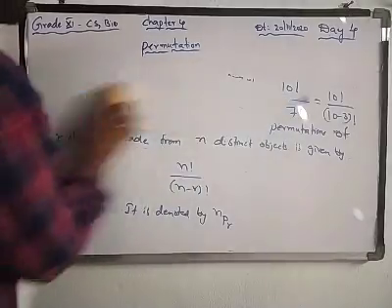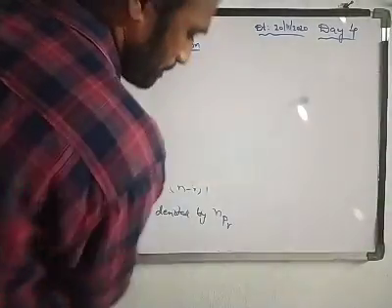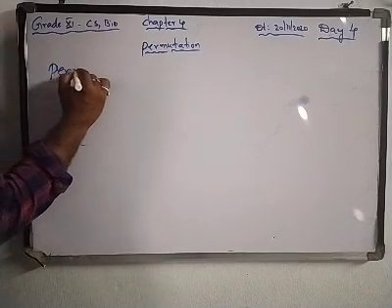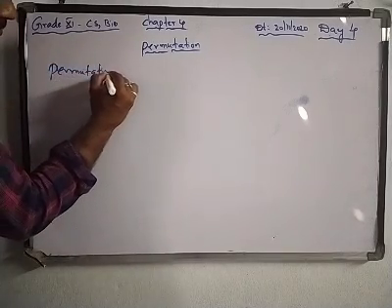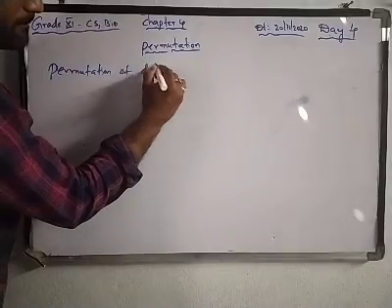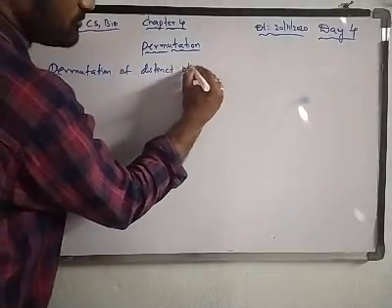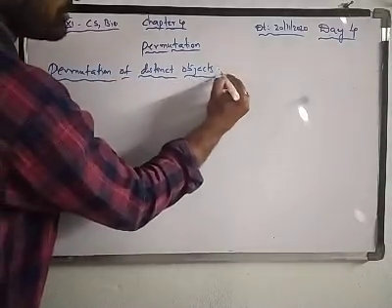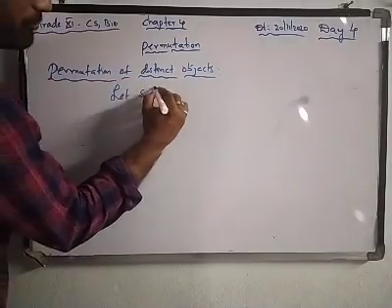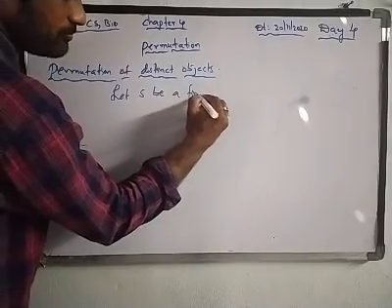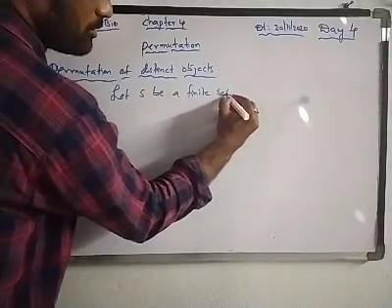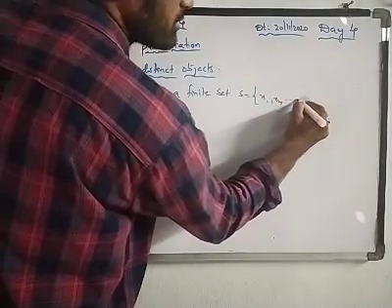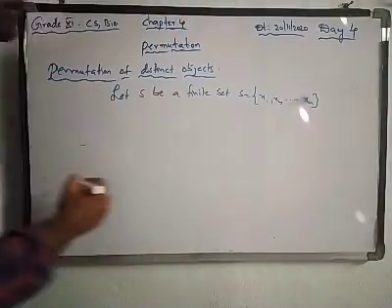Next, let us talk about the permutation of distinct objects. Let S be a finite set, S equals x1, x2, and so on up to xn.